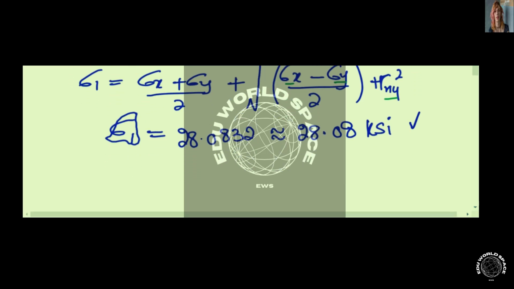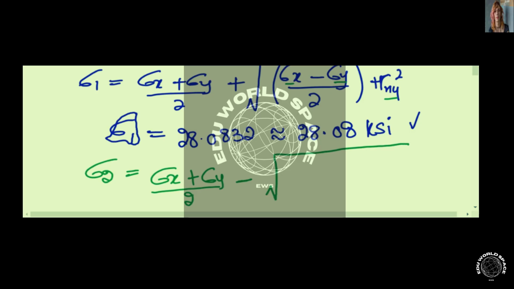Now similarly, just as we found the value of sigma sub 1, we would be repeating the same step for sigma sub 2. So sigma sub 2 is sigma sub x plus sigma sub y divided by 2, minus the square root of sigma sub x minus sigma sub y, whole, divided by 2, whole square, plus tau sub xy whole square, right?